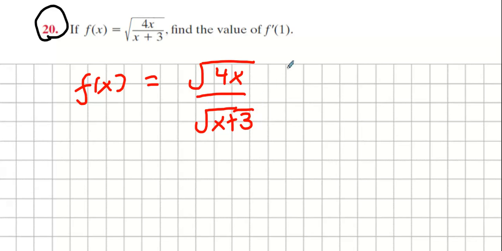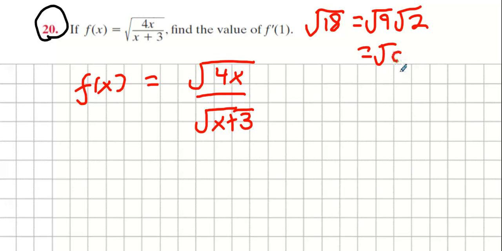I'll show you now. Does everybody see root 18? I can break that up into root 9 multiplied by root 2. Because what is 9 multiplied by 2? 18. I could also break it up into root 6 multiplied by root 3 if I want. And it's still root 18.